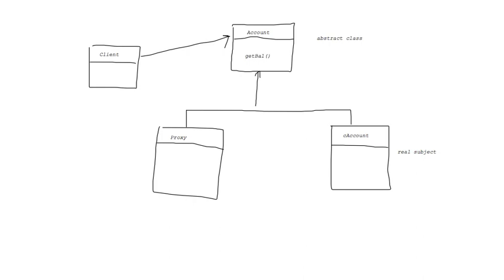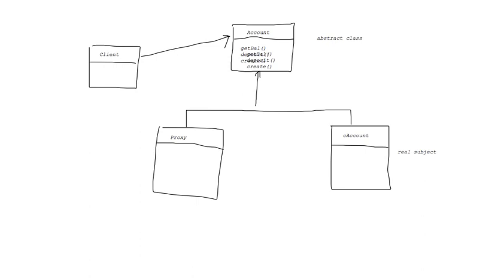One is get balance, the other one is deposit, and the other one is create account. So these are the abstract methods we identify in the abstract account class.